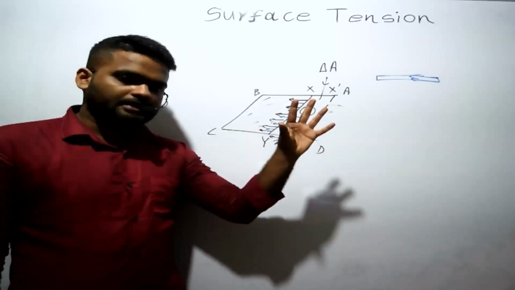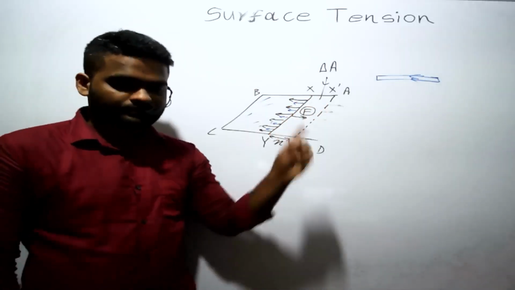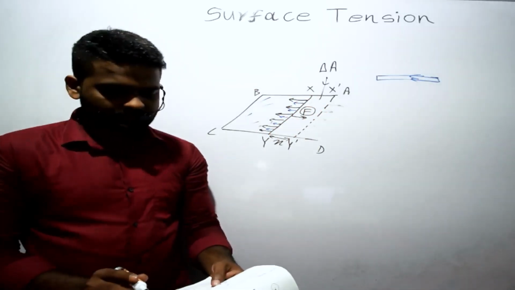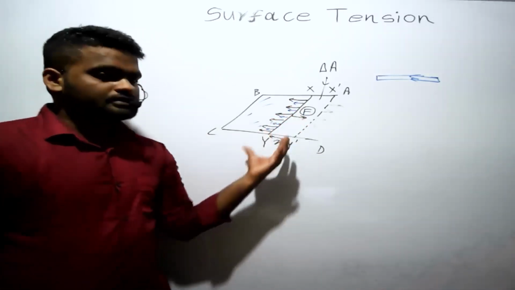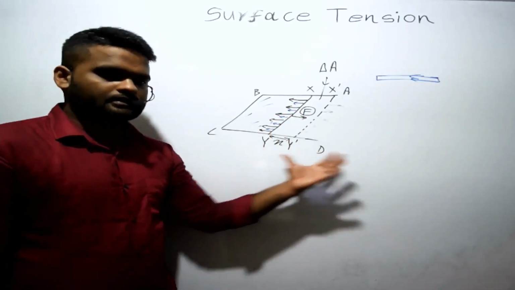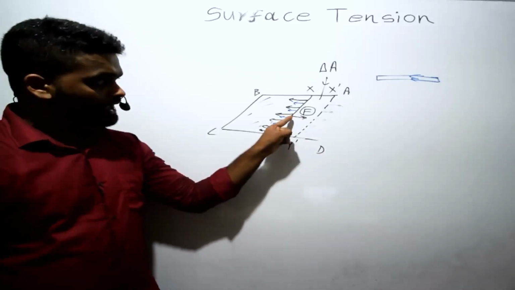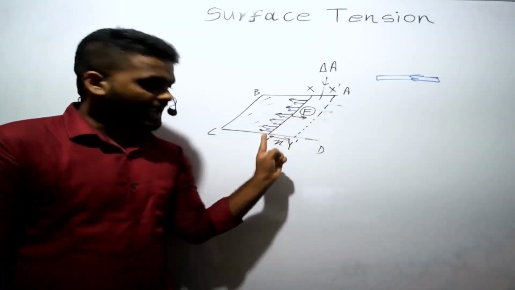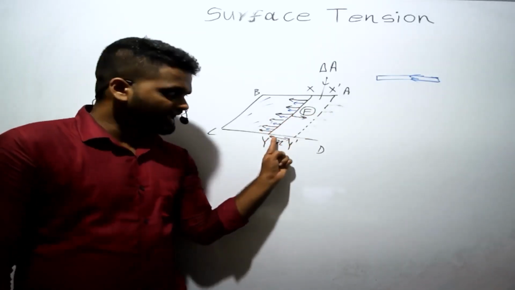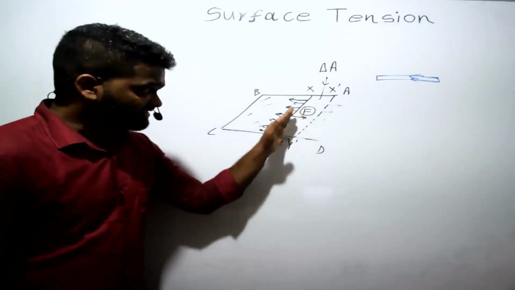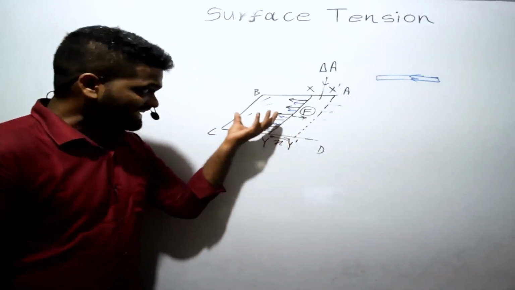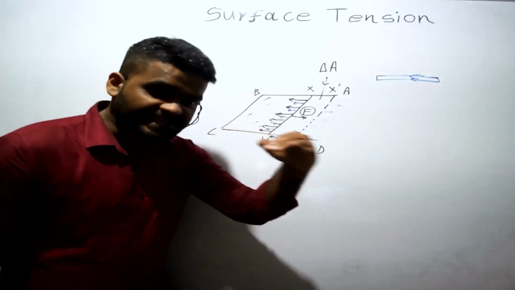So we apply a force capital F, right? Just leave it here for now, then I'll explain. You apply a force and bring this wire to x distance. So the work done is Fx. That work done is stored in the liquid as surface energy.